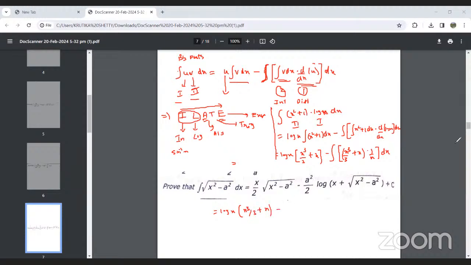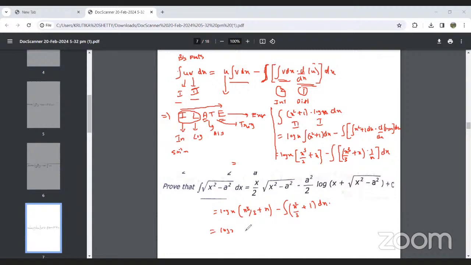Minus integration of, so I will multiply this 1 by x with these terms. x cube upon x will be x square, so it will be x square upon 3, and x will cancel, and it will be equal to 1 dx. So again, we need to integrate it further.